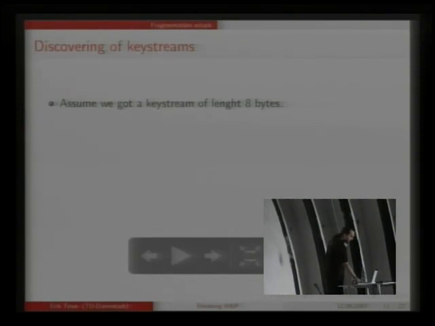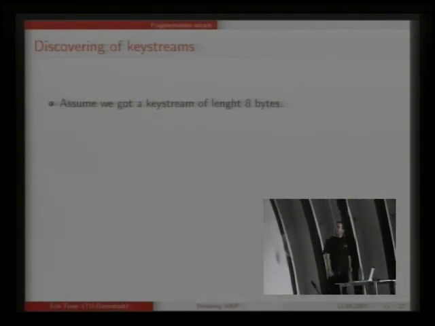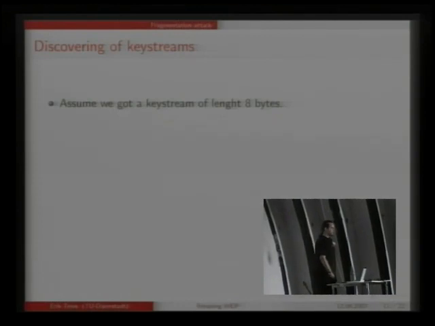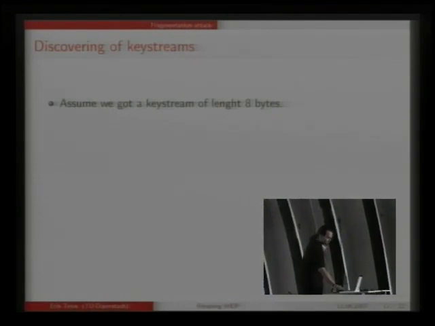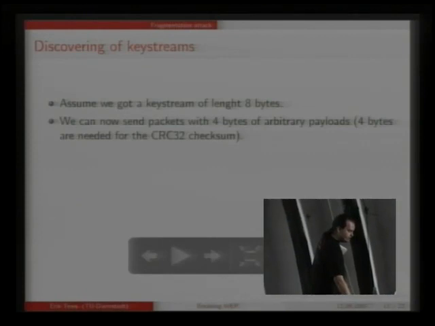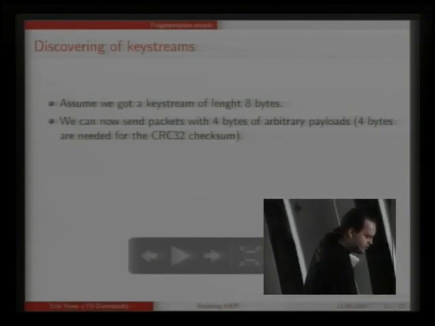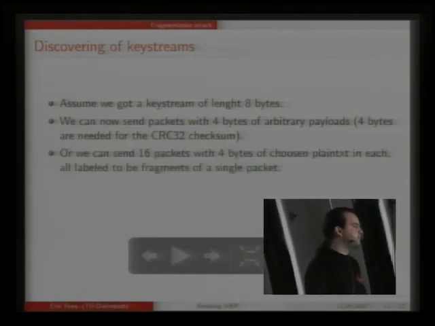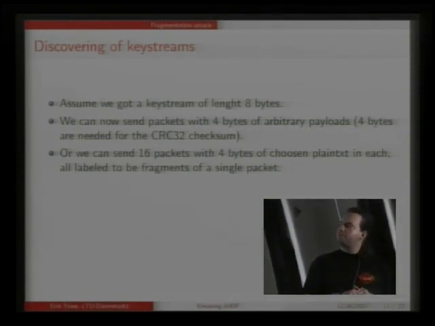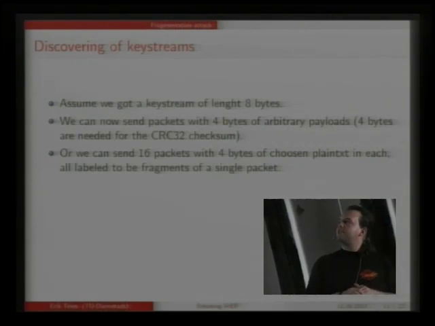For example, we have a short key stream, which means that we can send packets with an arbitrary payload of 4 bytes, and we need another 4 bytes for the checksum. So we can now send 16 fragments. The protocol allows up to 16 fragments of a packet with 4 bytes of chosen plain text in each packet.